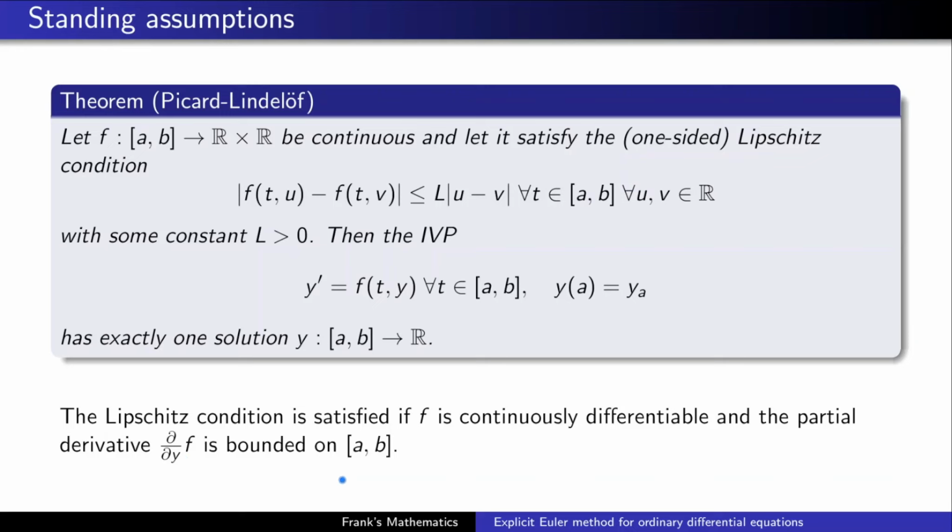Of course, just apply some mean value theorem and you end up with this inequality here. So this is a very nice trick to check on the uniqueness of initial value problems: check if this is continuously differentiable and the partial derivative is bounded. There you go, apply Picard-Lindelöf and you're done.